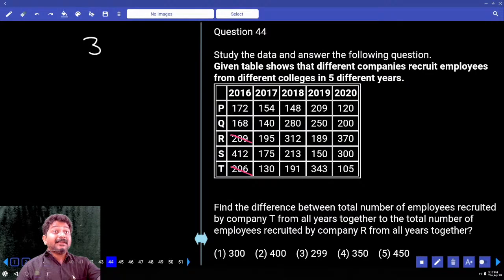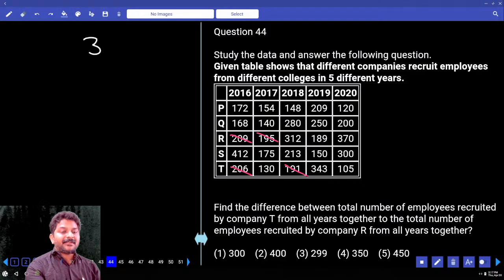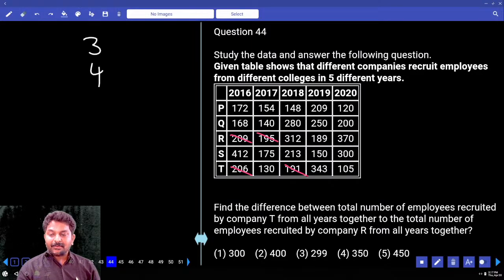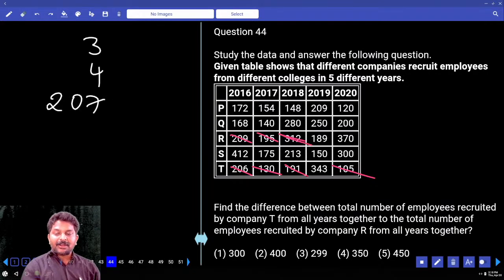Taking nearest numbers, 195 minus 191. Now 312 we have. 312 minus 130. Otherwise, forget about 130. 312 minus 105, 207. 189 minus 130, 59. 370 minus 343.